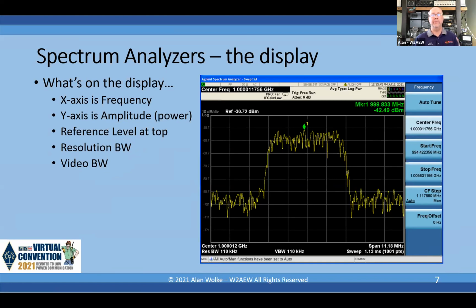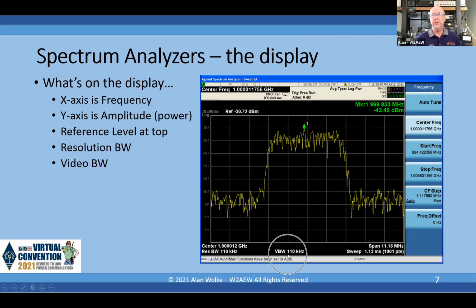You might have a 400 hertz filter for CW, for example, to minimize the amount of noise you're receiving and to be able to reject adjacent signals and things like that. That's exactly what resolution bandwidth is on a spectrum analyzer. We just call it resolution bandwidth instead of your IF filter.